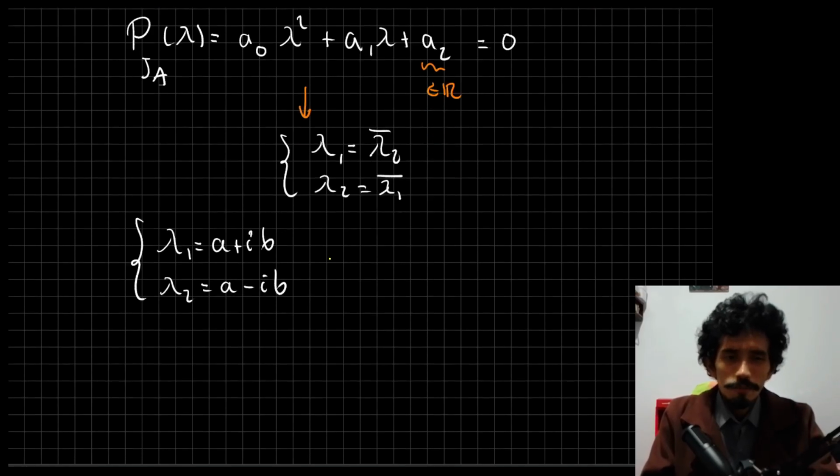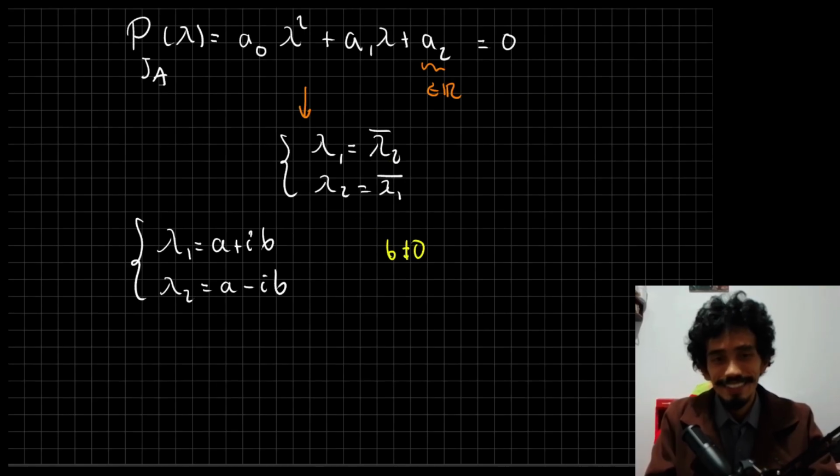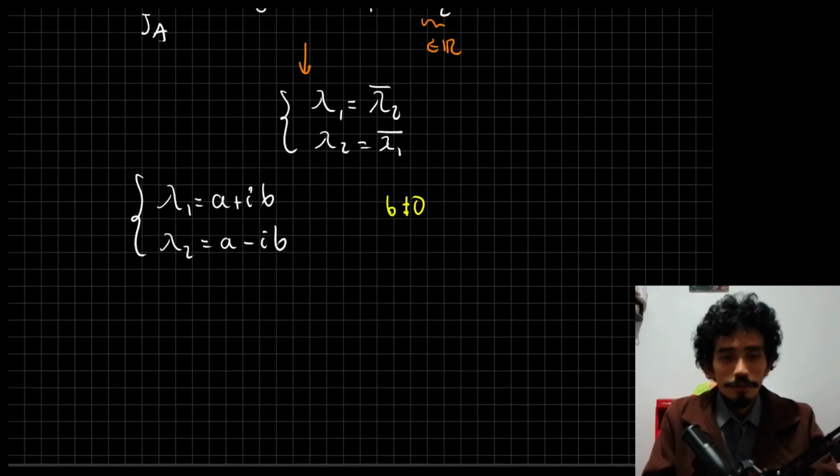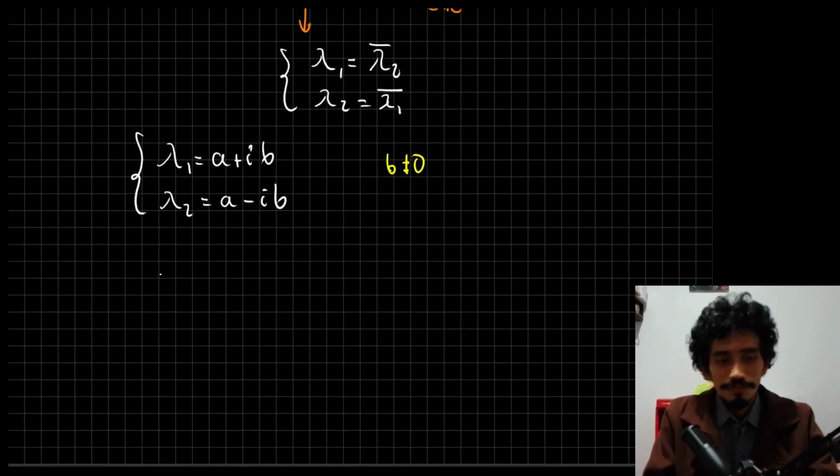So you know that b is different from 0 because otherwise it would be a real number. And now we want to calculate the exponential of this matrix.